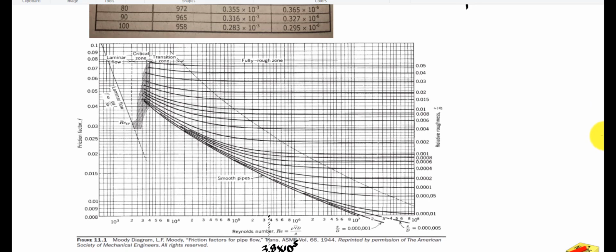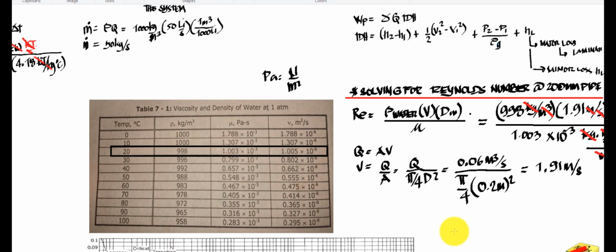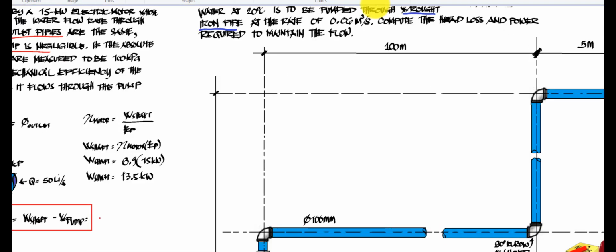To see the intersection, we have here the curves, which are the values of the relative roughness. Now let's solve the value of relative roughness. Reviewing the problem, it specifies a wrought iron pipe.